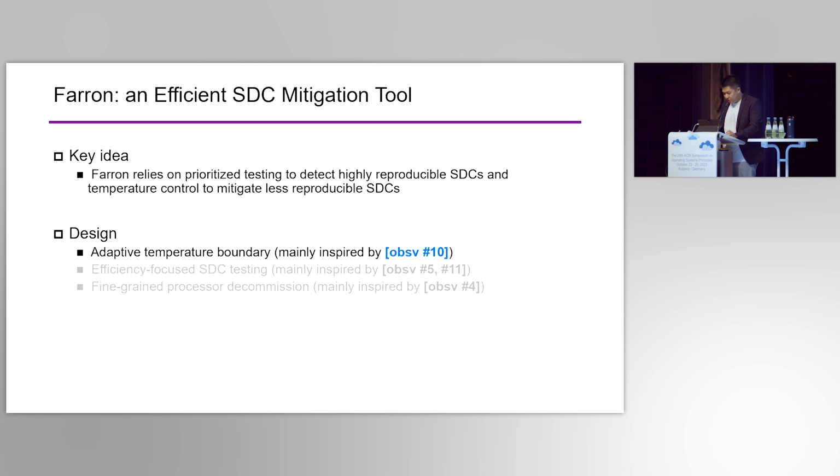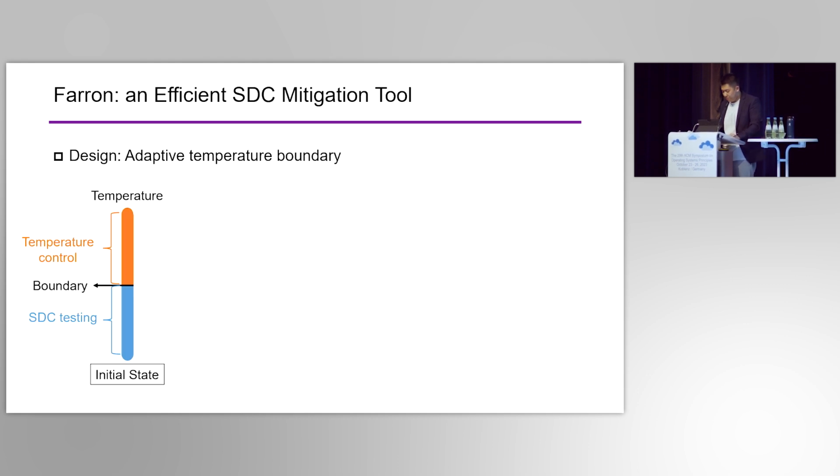Farong has three designs, namely adaptive temperature boundary, efficiency-focused SDC testing, and fine-grained processor decommission. These designs are all inspired by our observations. I will introduce the adaptive temperature boundary, and the details of the other designs can be found in our paper.